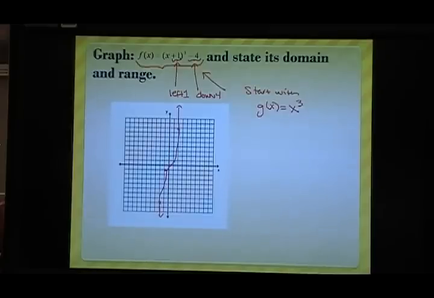So left 1, down 1, 2, 3, 4. Here, left 1, down 1, 2, 3, 4. And then finally left 1 and down 1, 2, 3, 4.